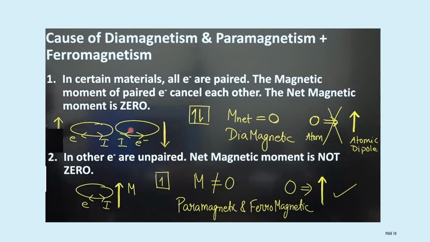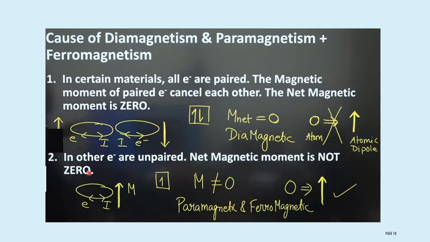Therefore, the magnetic moments of paired electrons cancel each other, and the net magnetic moment is 0. In a diamagnetic material, the net magnetic moment is 0, there is no atomic dipole, and there is no separation of charges.